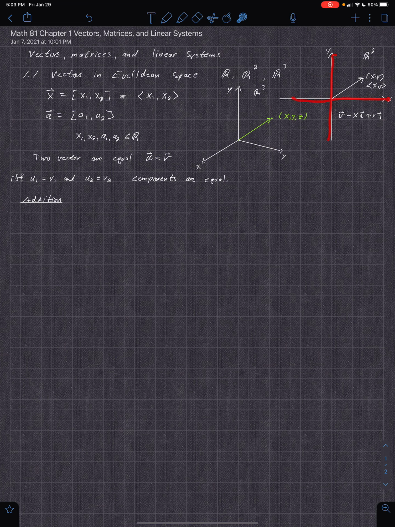So this is R2. And we had seen you can use i, j for R2. And then I'll put that down here too. So for R3, V you could have i, j, k.